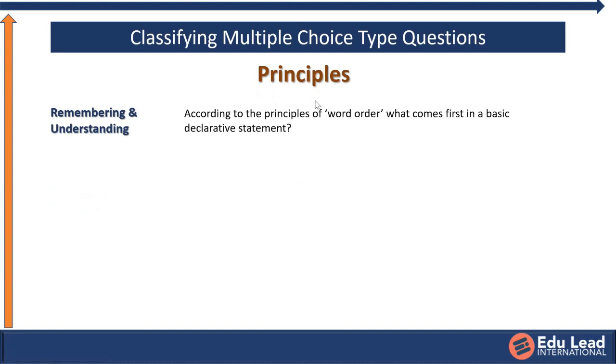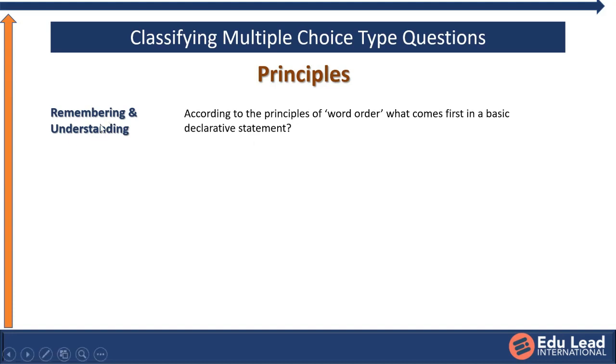According to the principles of word order, what comes first in a basic declarative statement? So here you need to know the principles of how the word order is. So basically the language teachers will understand it better, that in a declarative statement, what comes first and what comes later.